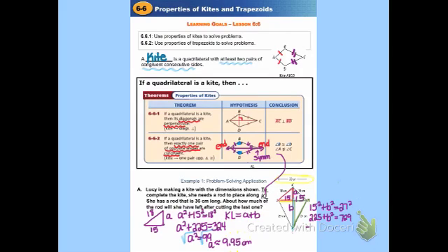I subtract 225 from both sides, and that leaves me with B squared equals 504. Of course, I take the square root of both sides to find out what B is. I'm going to round this because, again, it's a real life problem and I need to know it approximately as a decimal. The square root of 504 is about 22.45 centimeters.